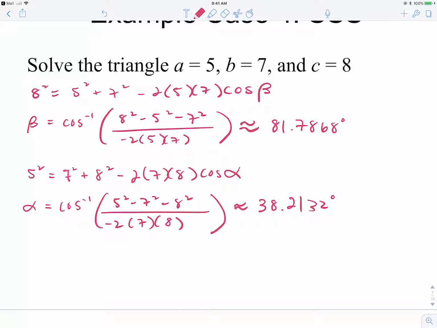So now we have beta, alpha, and we can solve for gamma. And we get 60 degrees.